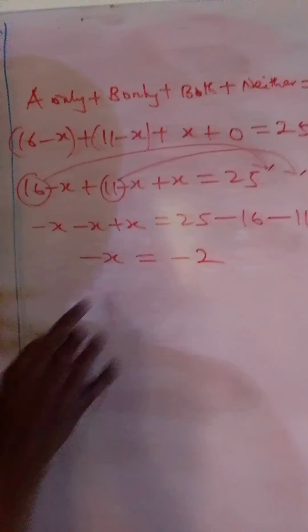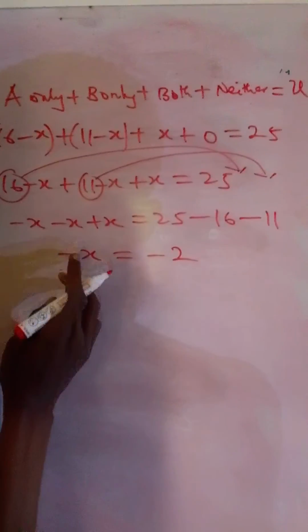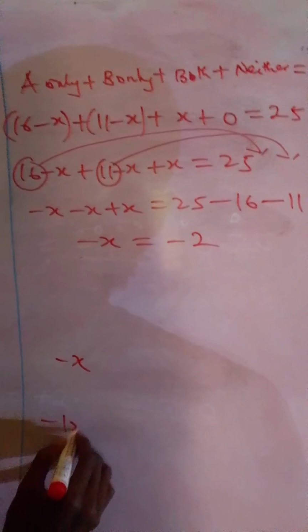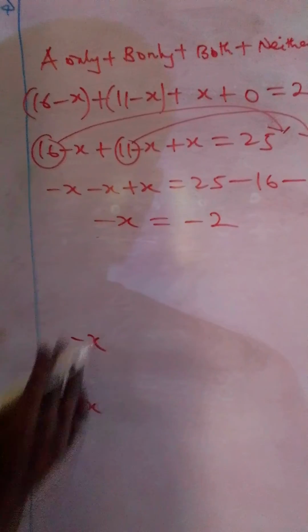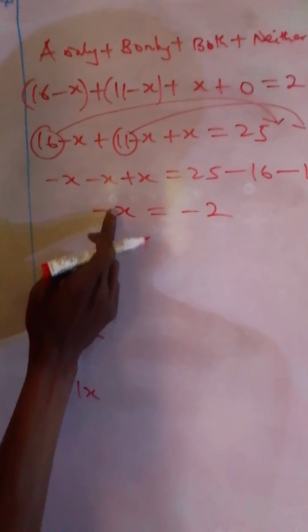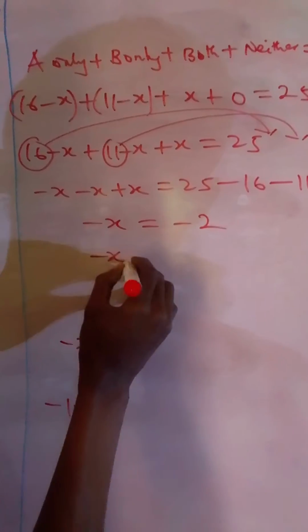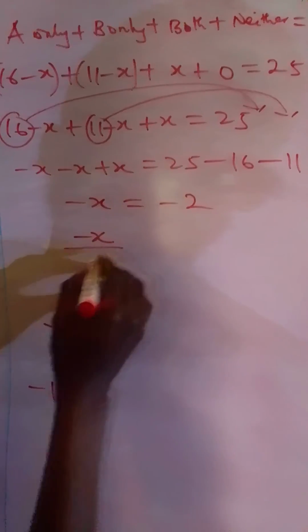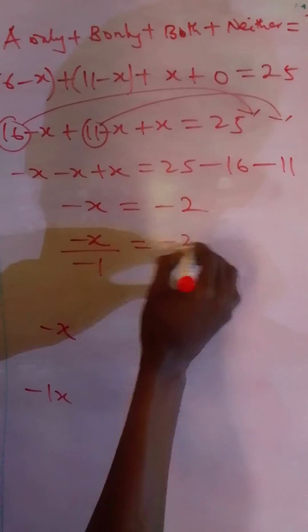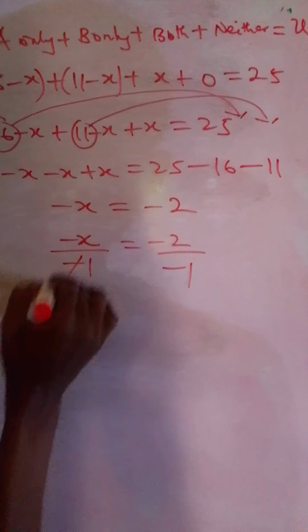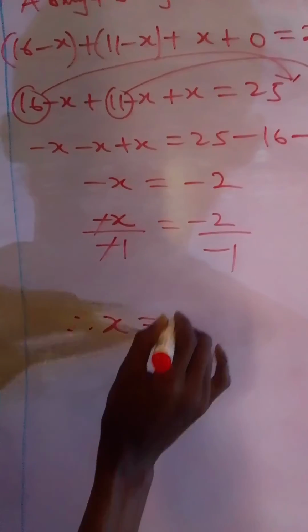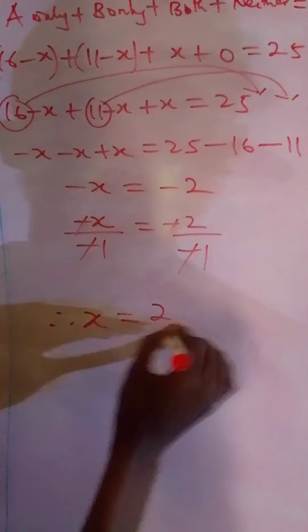So what do we do? Divide both sides by the coefficient of x, which is minus 1, because minus x is the same thing as minus 1x, because there's an invisible 1 here. So minus x over minus 1 equals minus 2 over minus 1. Minus cancels minus. Therefore, x is equal to 2.